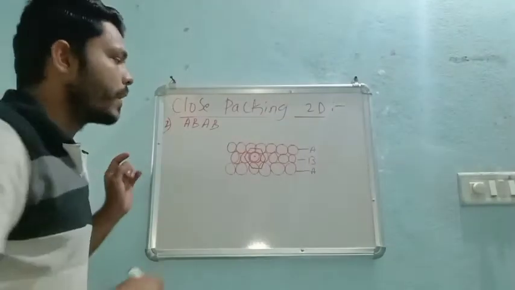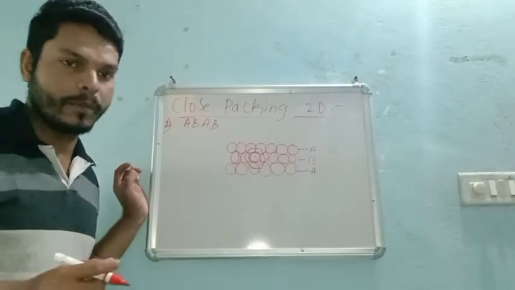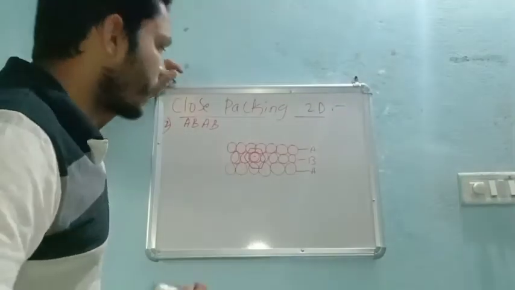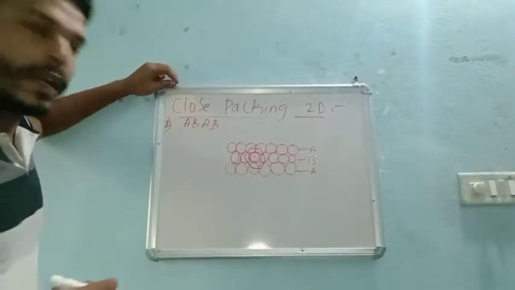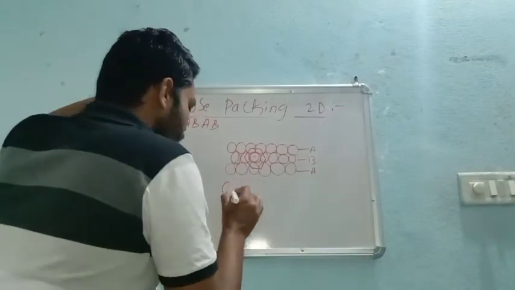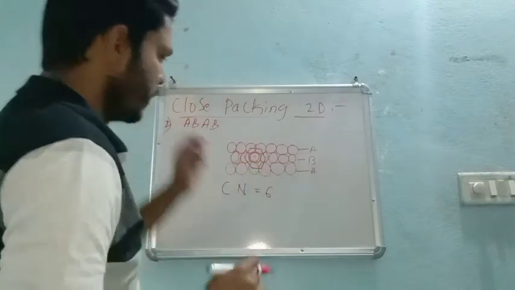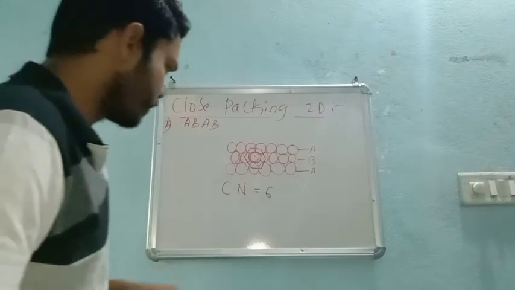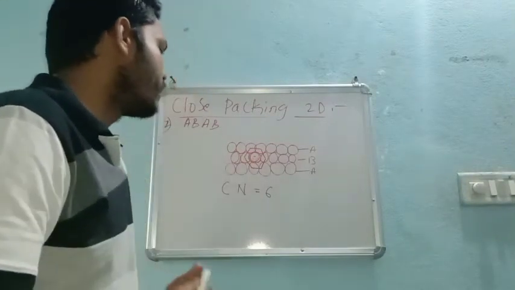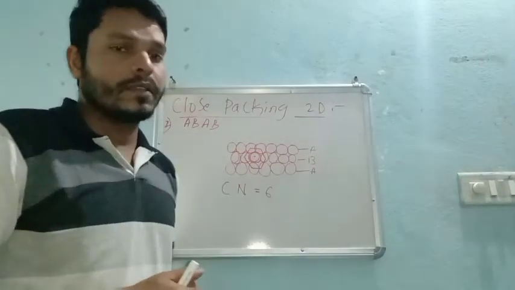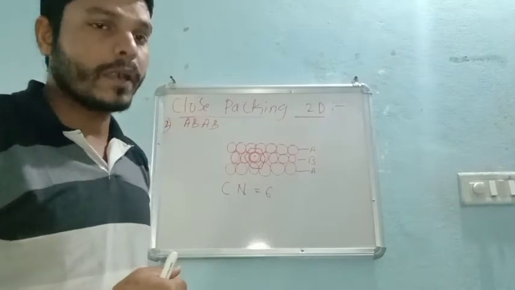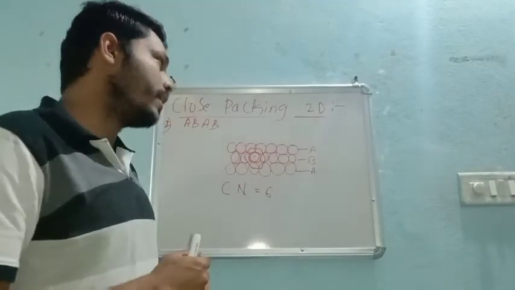In case of AA, we can see tetrahedral type of arrangement, but here we can say hexagonal type of arrangement, and here the coordination number will always be 6. We can easily see here that to this center atom, there are 6 constituent particles in direct link.